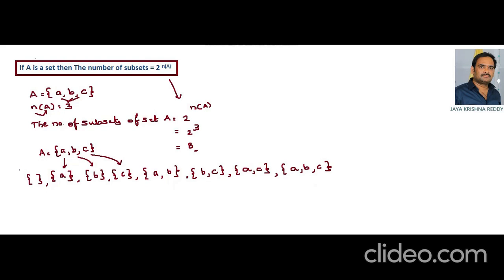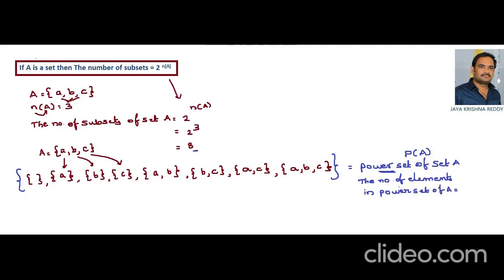If we write all these 8 subsets of set A as elements of another set, meaning all these subsets are in another set, then this set is called the power set of set A, and we can represent it as P(A). P(A) means the power set of A. Power set means it has subsets as its elements.